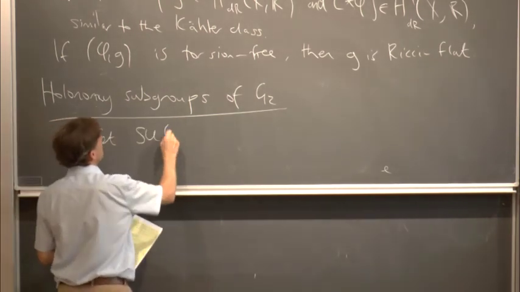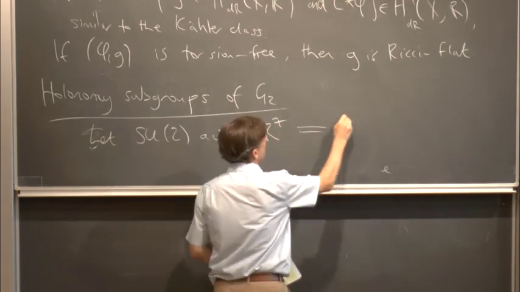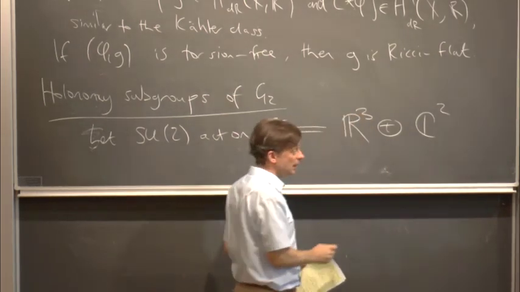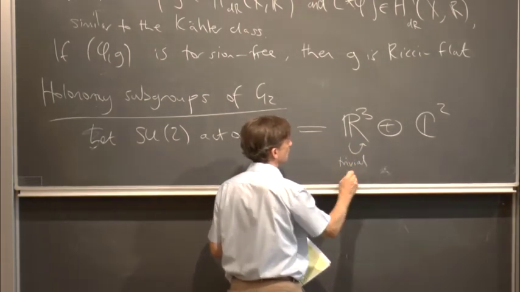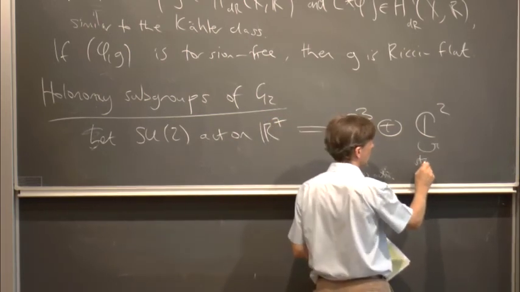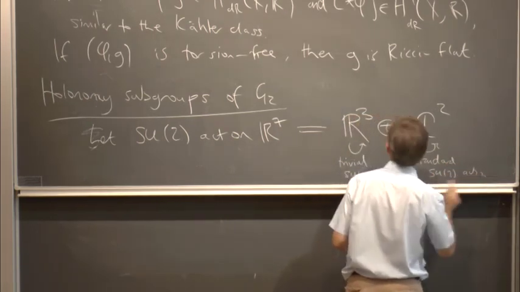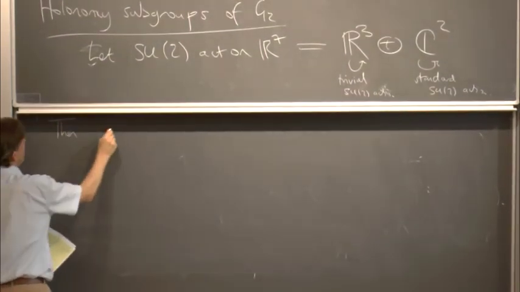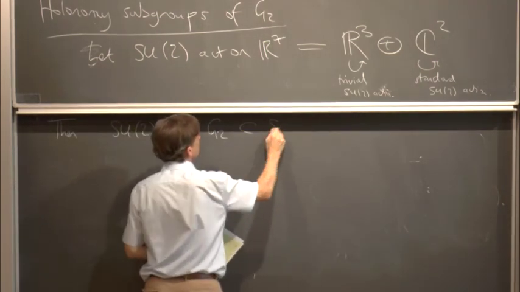If we let SU2 act on R^7 by splitting R^7 as the direct sum of R^3 and C^2, where on R^3 we put the trivial SU2 action, and on C^2 we put the standard SU2 action, then SU2 is contained in G2, contained in SO7.